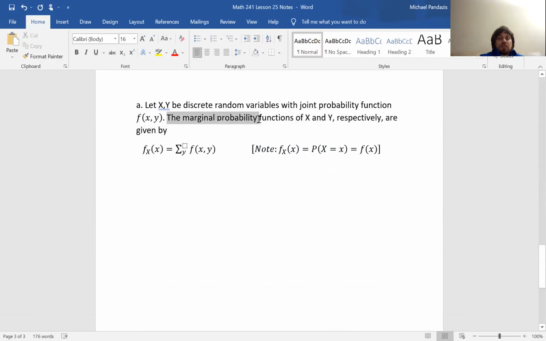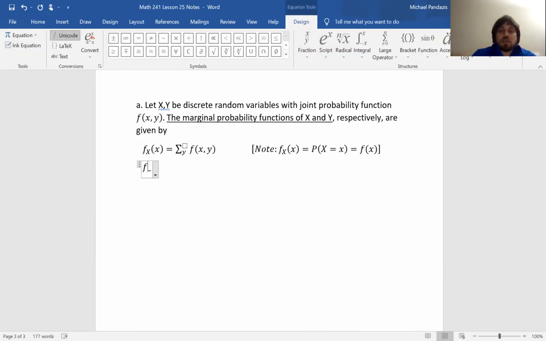Okay, so this is about the marginal probability density functions of X and Y. So this is the marginal probability function of X because of this subscript x here. This is the marginal probability function of Y, and this is equal to the sum over all possible values of x of f of x comma y.